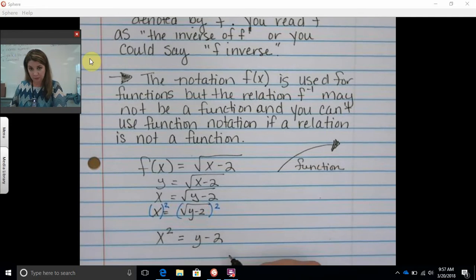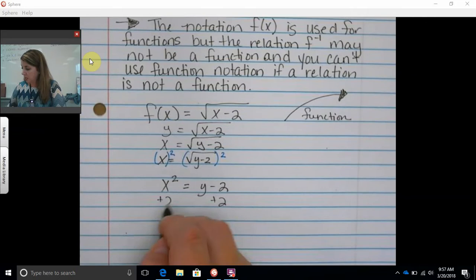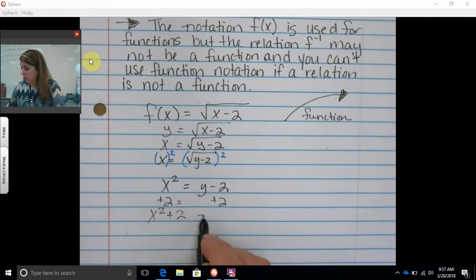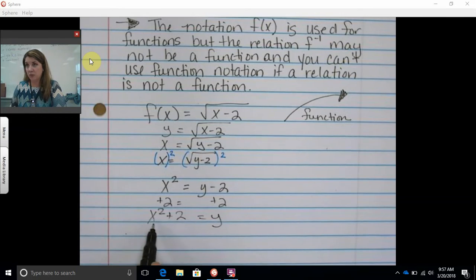Then what? Add 2 to both sides. So x squared plus 2 equals y. And because this gave it to me in function notation, is the inverse a function? It's a quadratic, right? If I plug in a 2 for x, am I going to get 2 different y values? No. So this is a function.